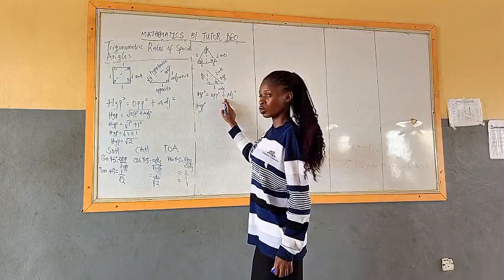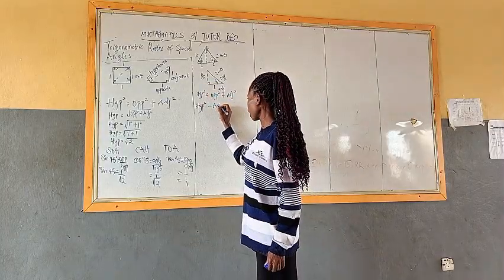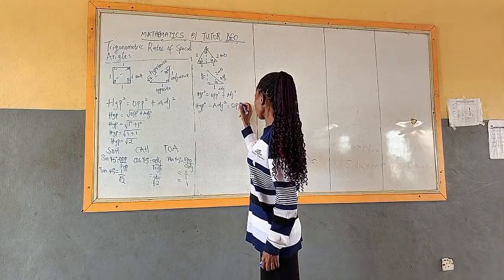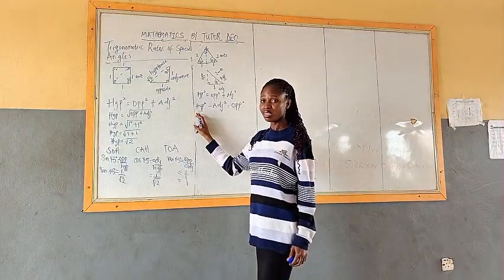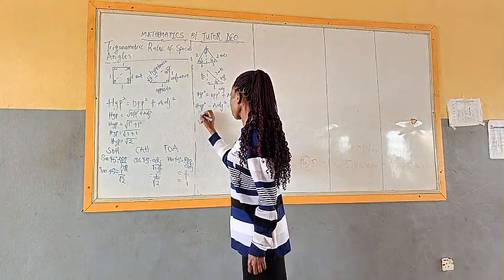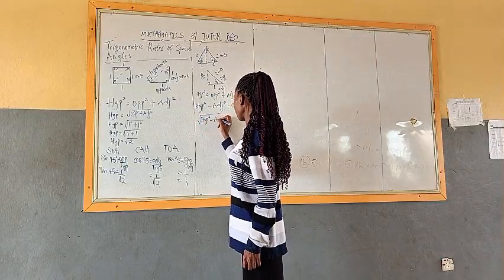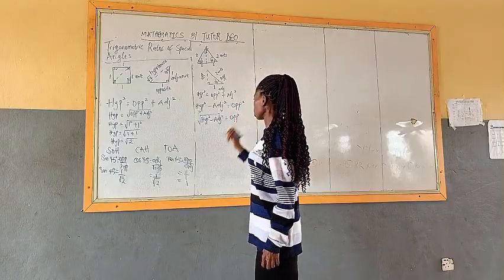We can carry this plus over the equal to sign and it becomes minus adjacent square equals opposite square. This square can also be carried over to this side and it becomes a square root. So we have the square root of hypotenuse square minus adjacent square to be equal to opposite.